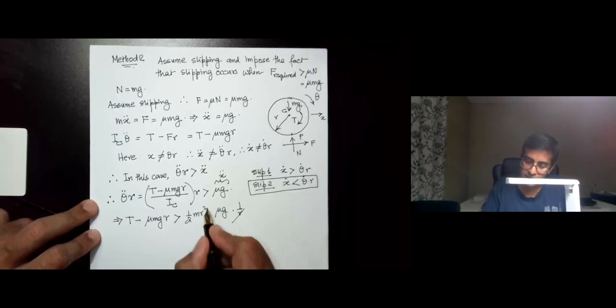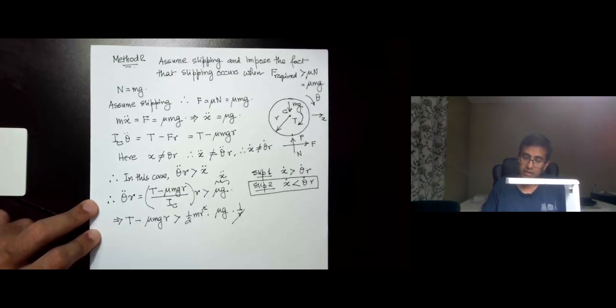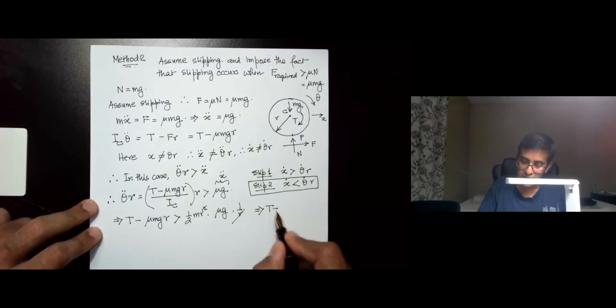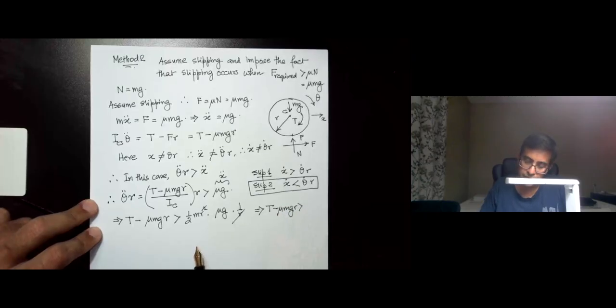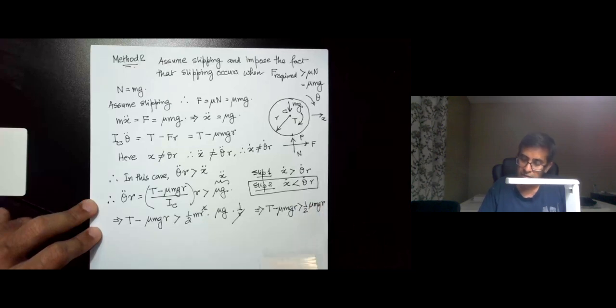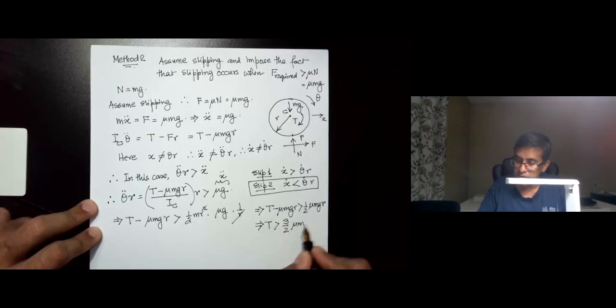So I cancel this r with one of the r's in the numerator, and what I get is that T minus mu mgr is greater than half mu mgr, or in other words, T is greater than 1 plus half, so 3 by 2 mu mgr.